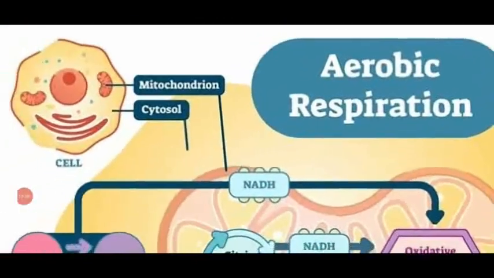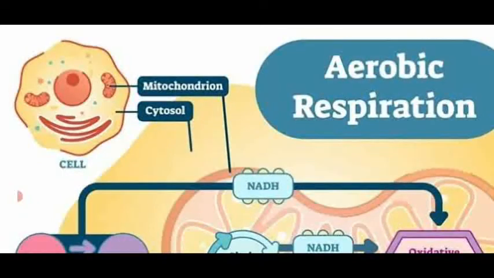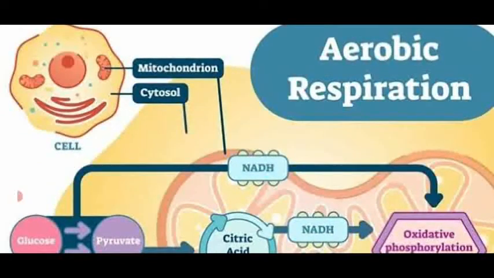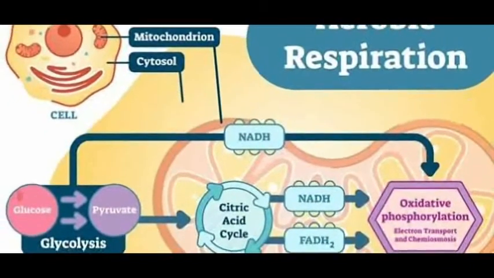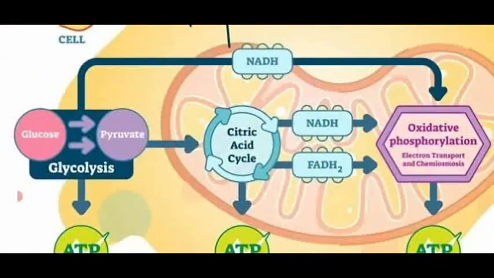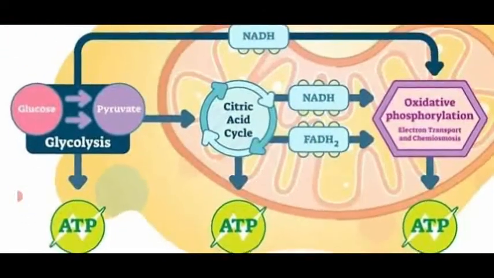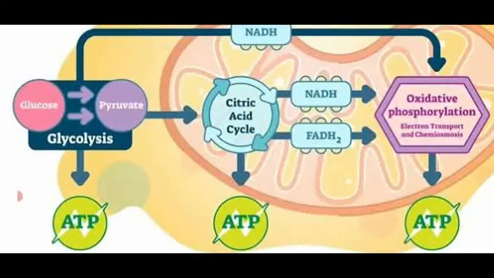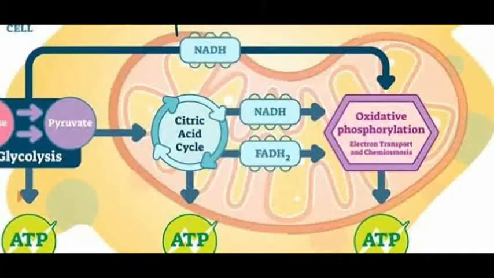Dear students, see the diagrammatic representation. This is the aerobic respiration. The structure of the cell is given there: the mitochondria and the cytosol, meaning the cytoplasmic region. So here the glycolysis takes place in the cytoplasmic region. The another one is the citric acid cycle. I told you TCA cycle or citric acid cycle takes place.